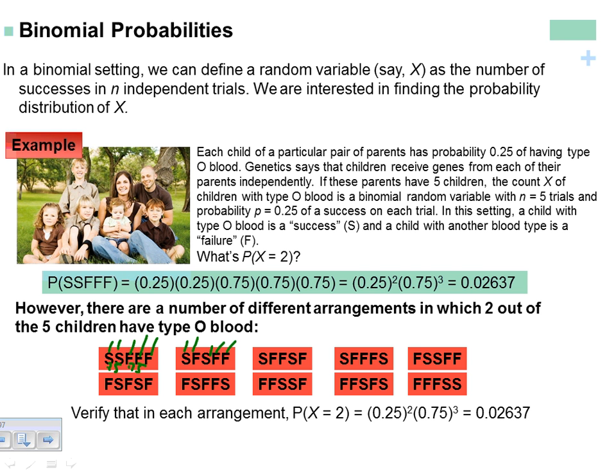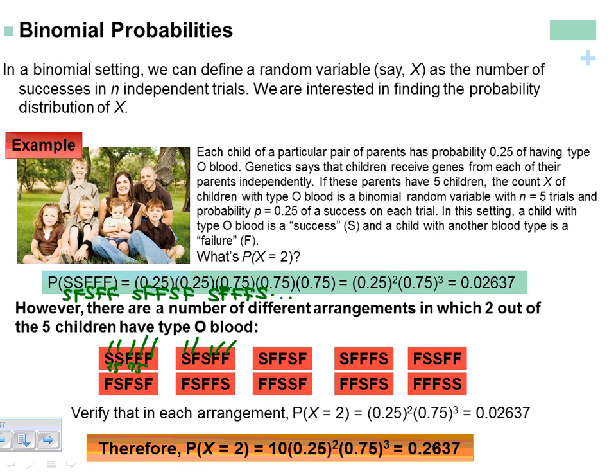So for each one of those, it is 0.02637. But I had 10 different ways that I could do those combinations, so I'm going to take that and multiply by 10, or you could add them all up, which is the same as multiplying by 10. And you can see that the probability is 0.2637. So about a 26% chance that exactly 2 have success.